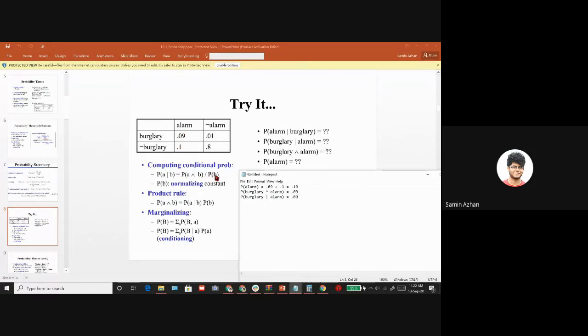And we have to divide that by the probability of B, which is the probability of alarm, which we calculated at the very first step, 0.19. Now, if I plug that into my calculator, 0.09 divided by 0.19, I get the value 0.4736. So let's write it 0.474.